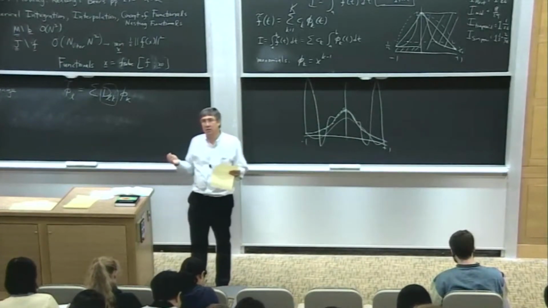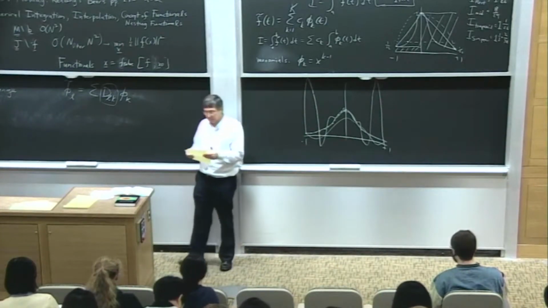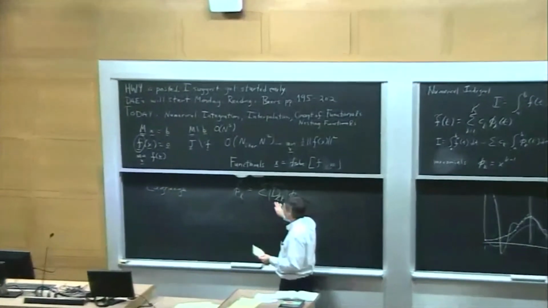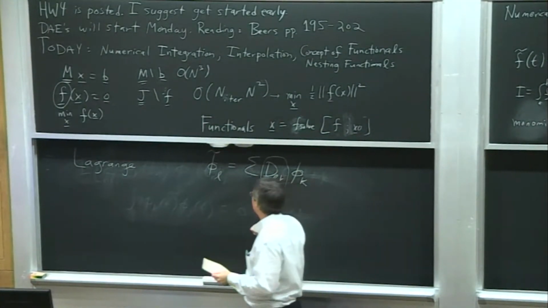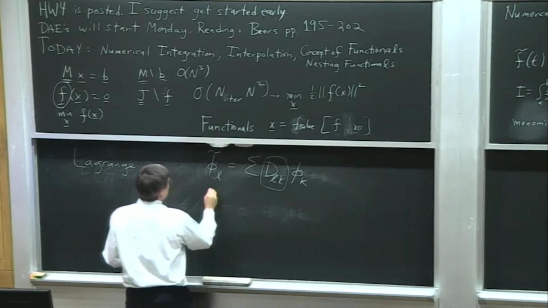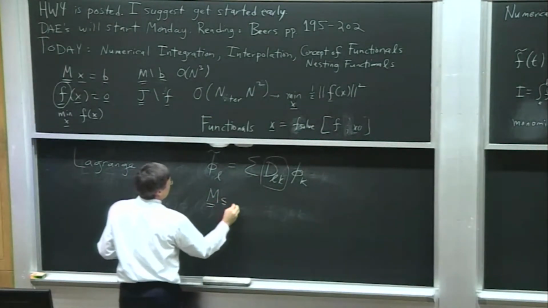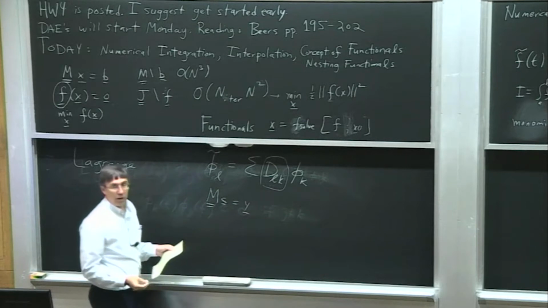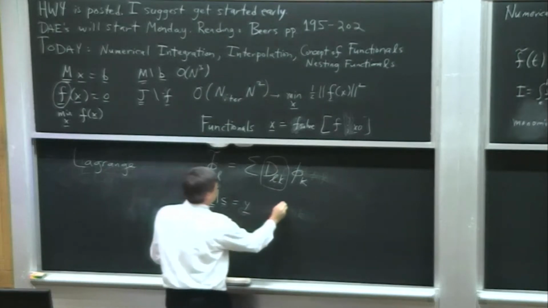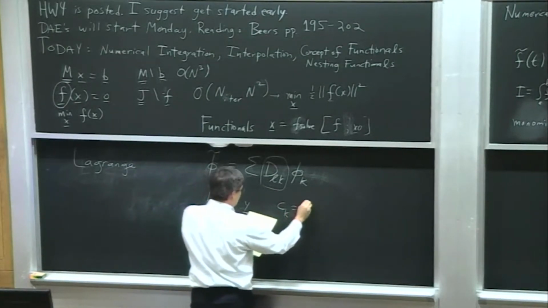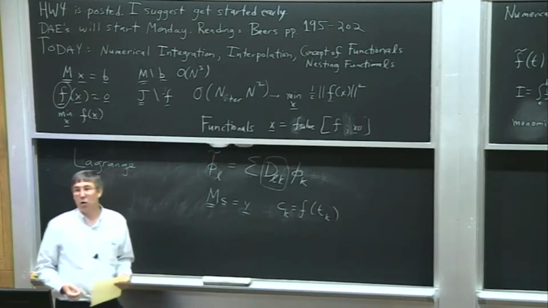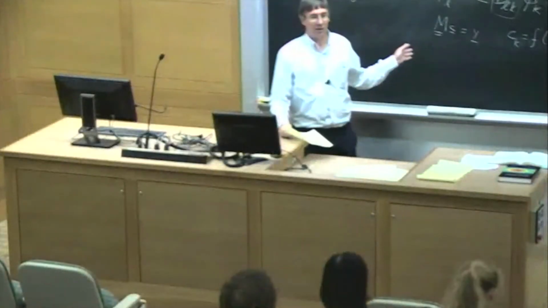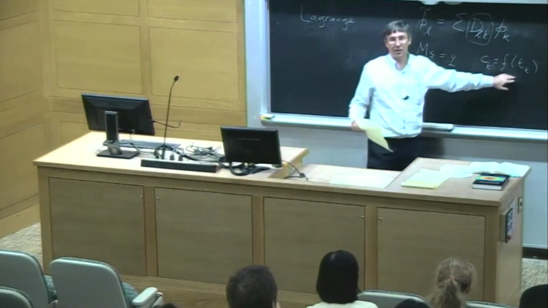And if you cleverly choose the d, you can choose it to have special properties. So Lagrange gave a certain choice of the d that is brilliant in the sense that when you solve the problem m times c is equal to y, to try to do your interpolation, it turns out that the c's you want, c_k, is equal to f of t_k. So you don't have to do any work to solve what the c's are. It's just the f values directly.